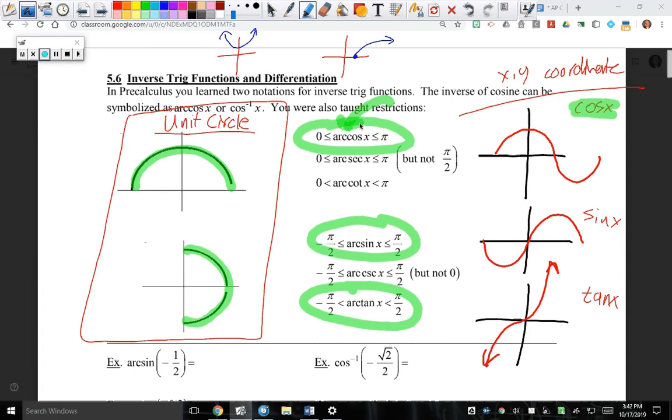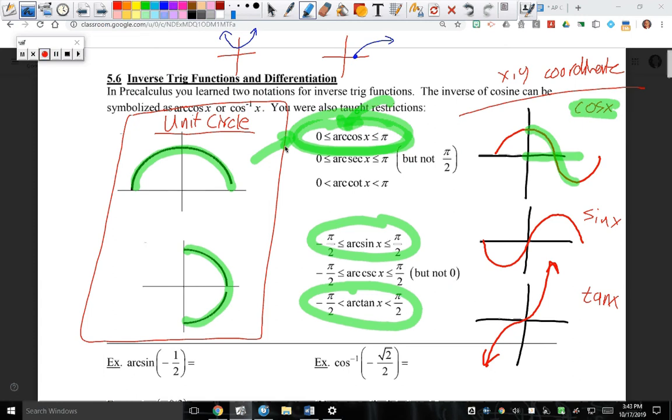That means on the original one, I have to see where it would pass the horizontal line test. From 0 all the way to pi is where the original one would pass the horizontal line test, which means where the inverse would pass the vertical line test.